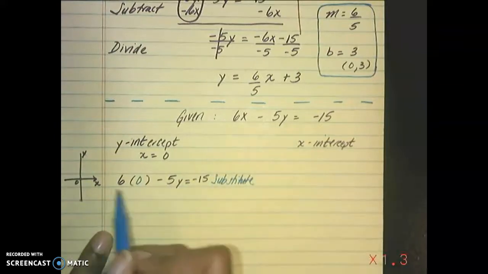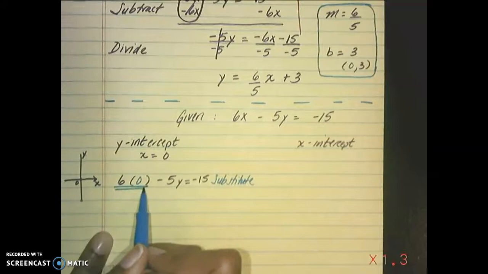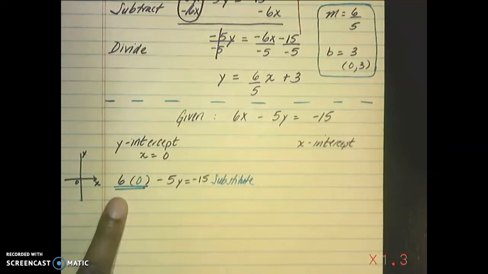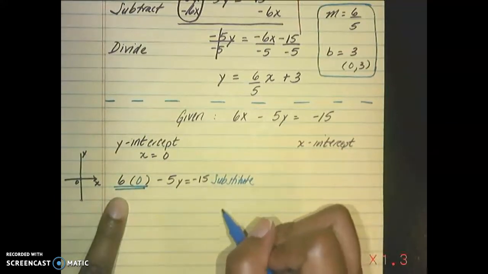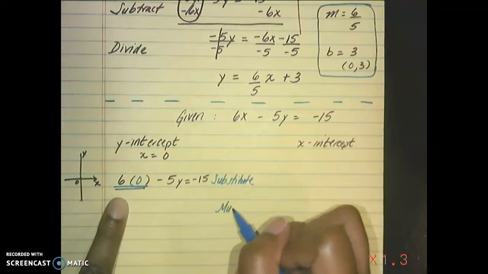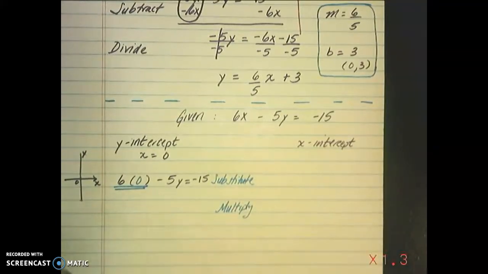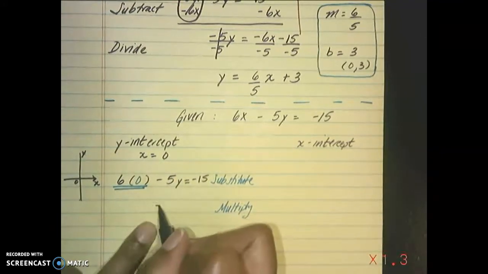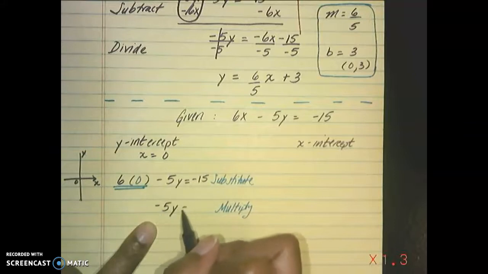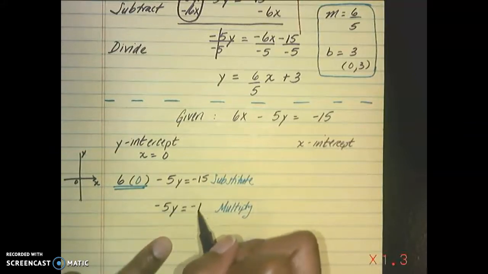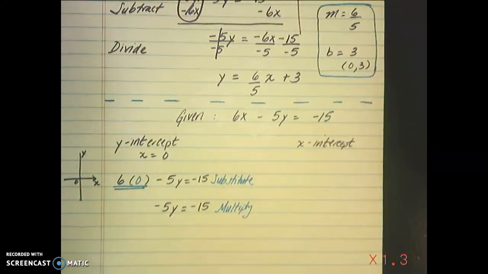When I substitute that in, I get 6 times 0. Well, 0 times anything is just 0 when you multiply. So what I'm left with here is a negative 5y equals a negative 15. Once again, I need to get y by itself.